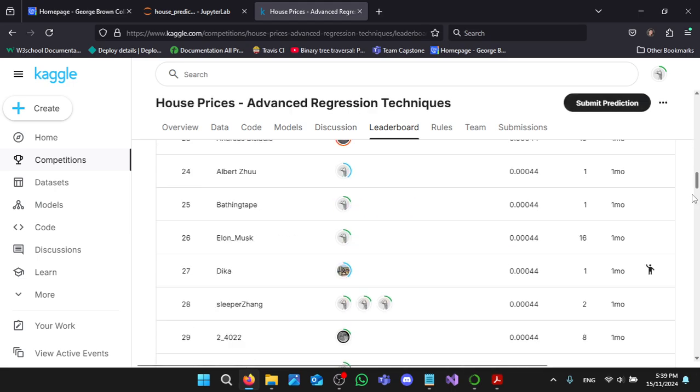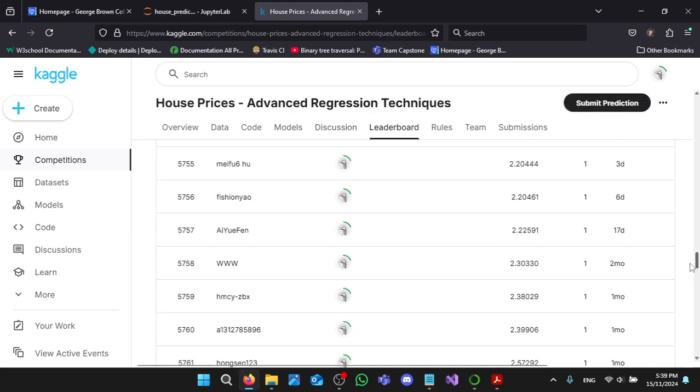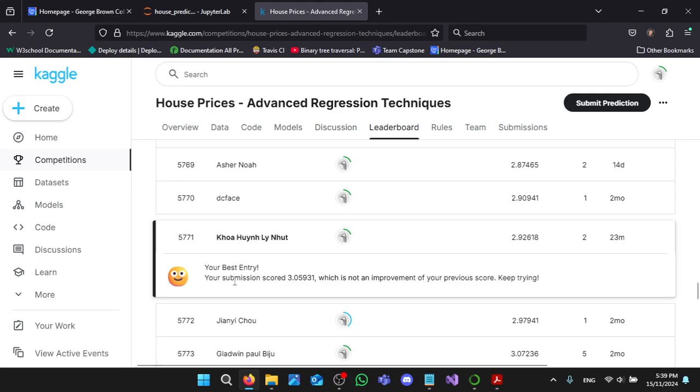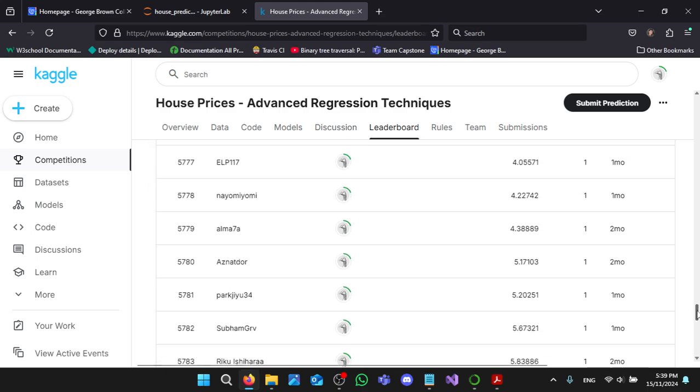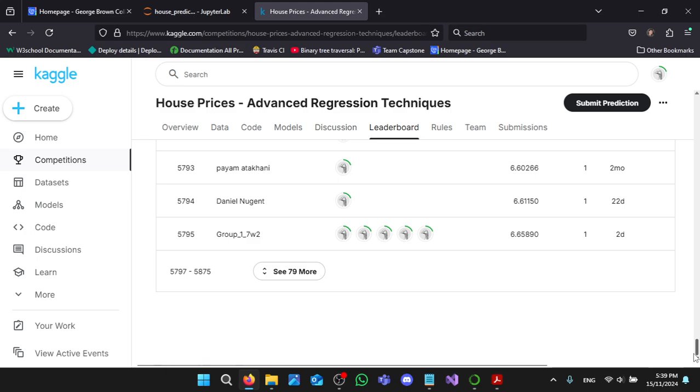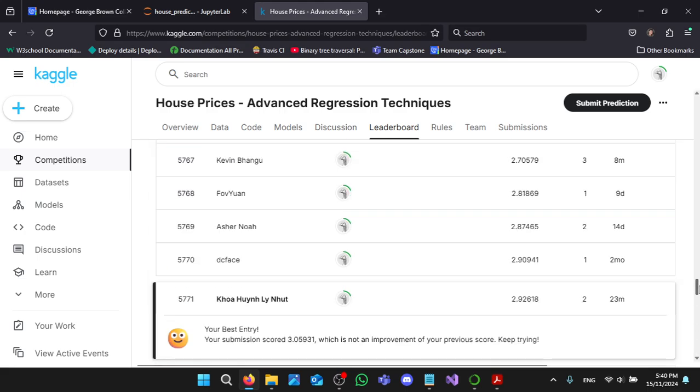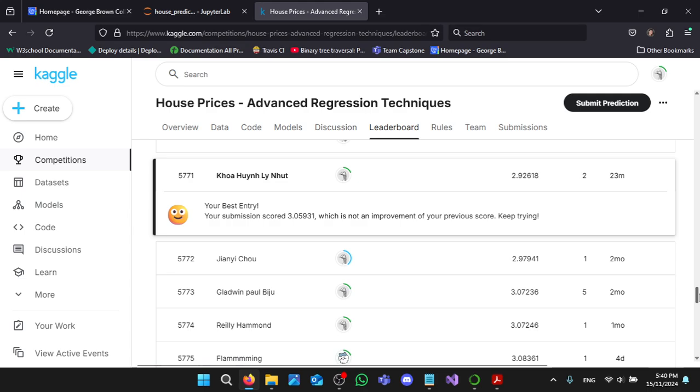If you look at my leaderboard score here, I'm at 57, which is not too bad for me. What do you think? I am higher than the majority of people, with 79 people below me.